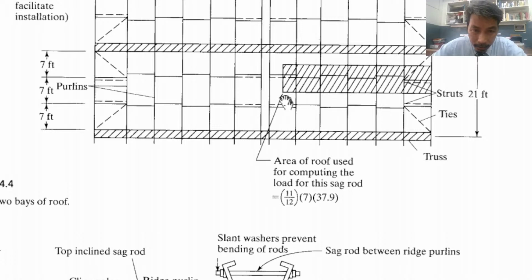Another here, you can draw the tributary area here and another one here. Meaning this part here are the supports. These are the supports. So, purlins are these lines. These lines are the purlins.